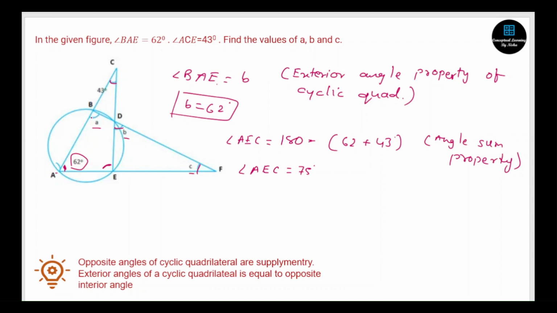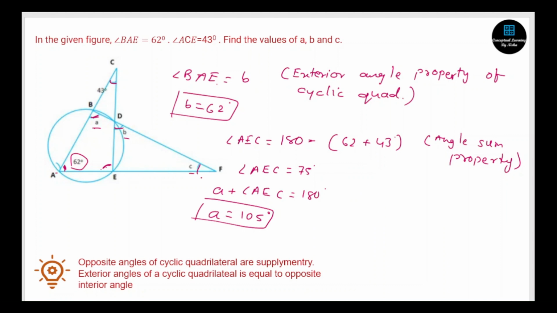So now I have quadrilateral ABDE. A and AED are opposite angles. So A plus angle AEC equals 180. So A equals how much? Yes, it is 105 degrees.